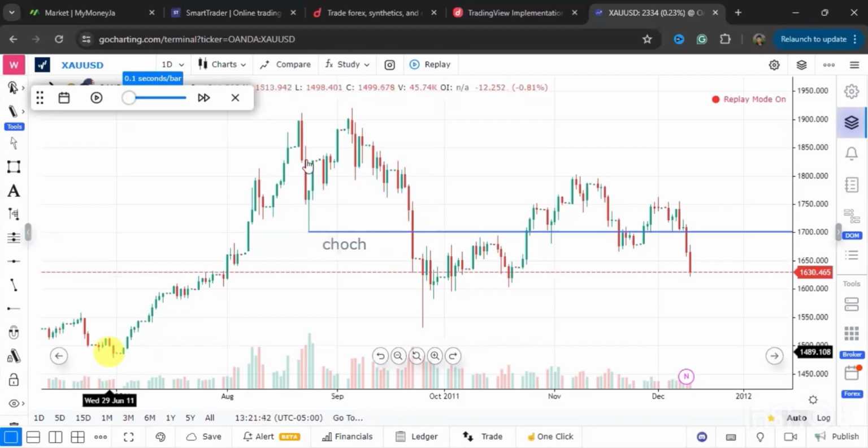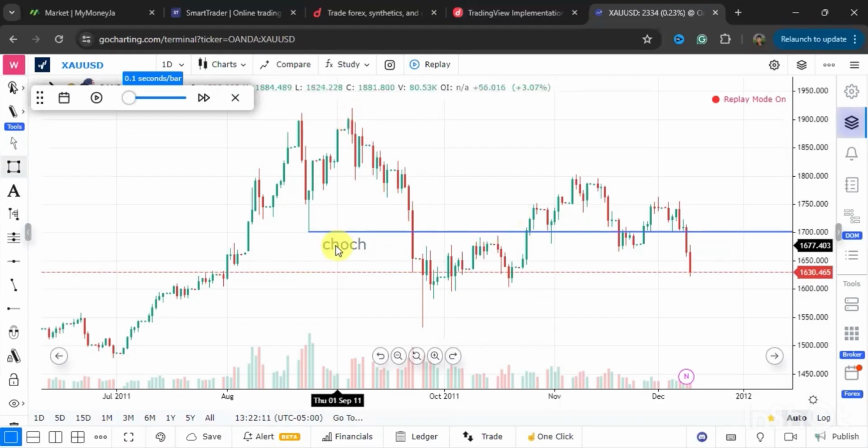So we were in an uptrend, then we changed into a downtrend. As you can see, this was in our uptrend, but the candle closed right here. It closed below, therefore it resulted in a change of character. And from a change of character, we have other stuff like order block and breaker block presenting itself.